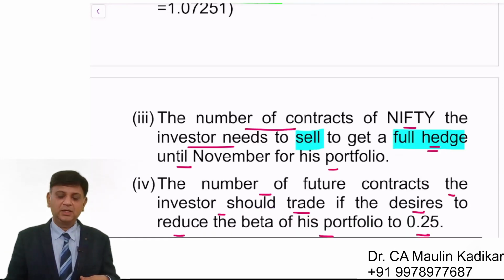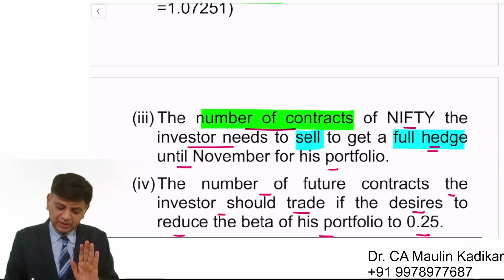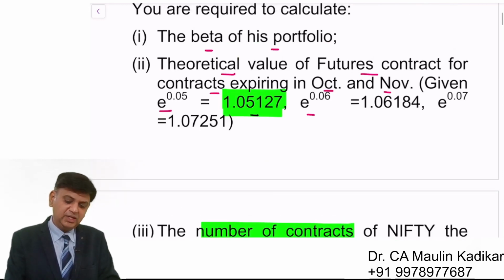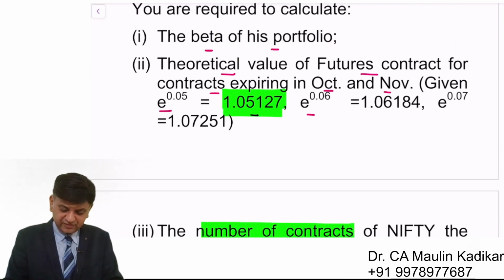Third question is number of the contracts of the Nifty the investor needs to sell, that is a short position, to get full hedge, meaning required beta is 0 until November for his portfolio. Importantly, dear students, for the purpose of doing the third part of the question, this value is of no use to us.